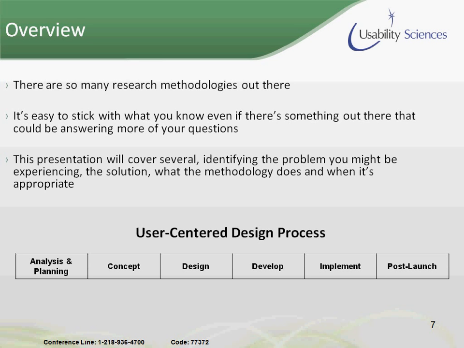So in broad terms, user-centered design is a design philosophy and a process in which the needs, wants, and limitations of end users of a product are given extensive attention at each stage of that design process.